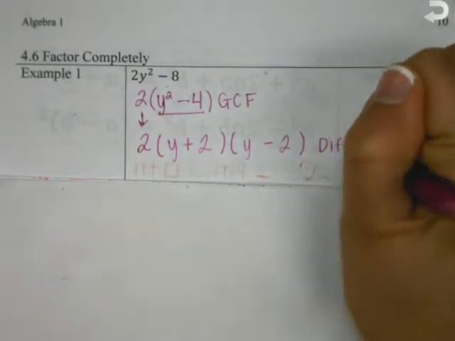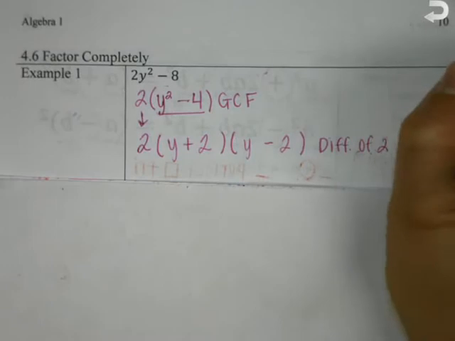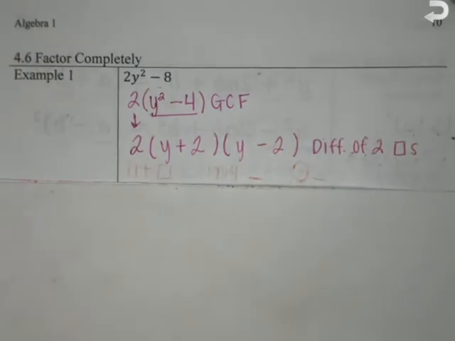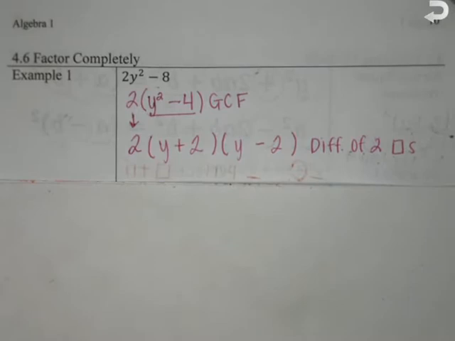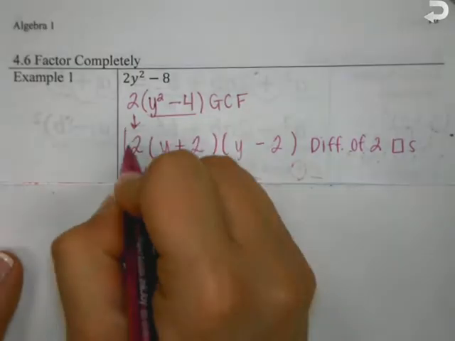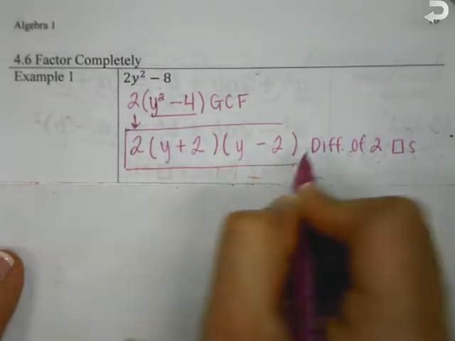Write it down next to where you did it. Okay, does anybody see anything else we can do to break it apart? No, this is it. This is as far as we can go. So that is your answer. Okay?